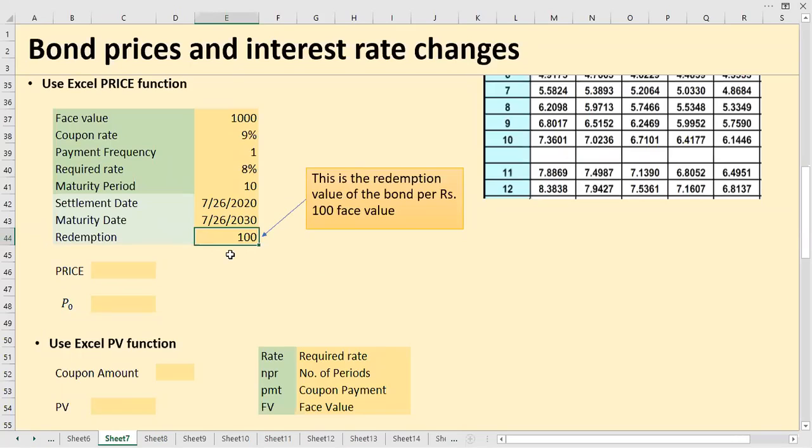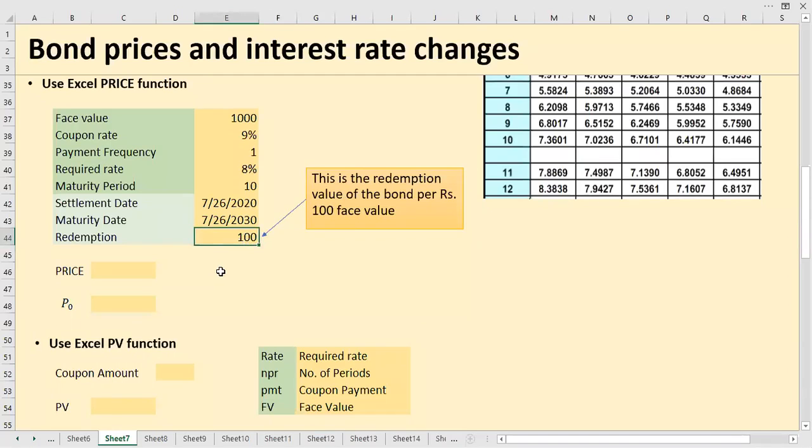That means $100, $200, $300, $400, likewise. So we are going to add this redemption value as a base value of 100. It is a function given with Excel, so don't worry about that. I will show you how to calculate the value with this 100 value.